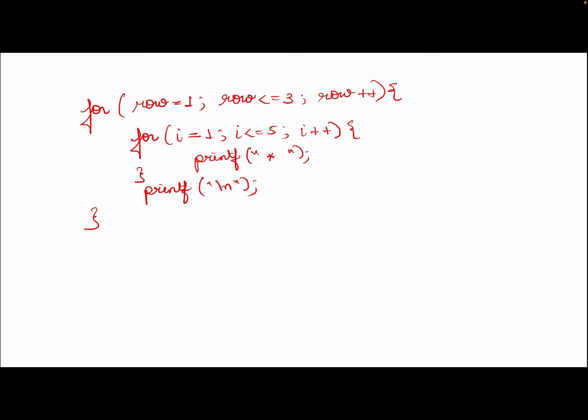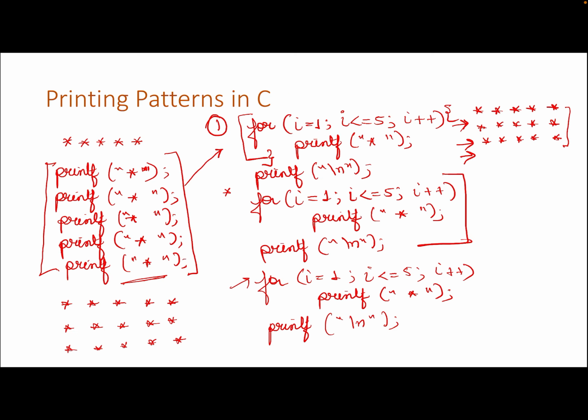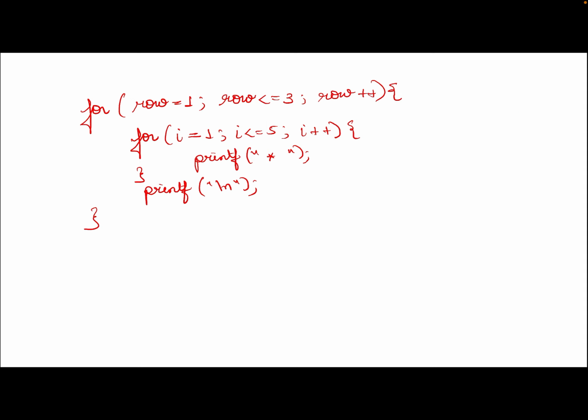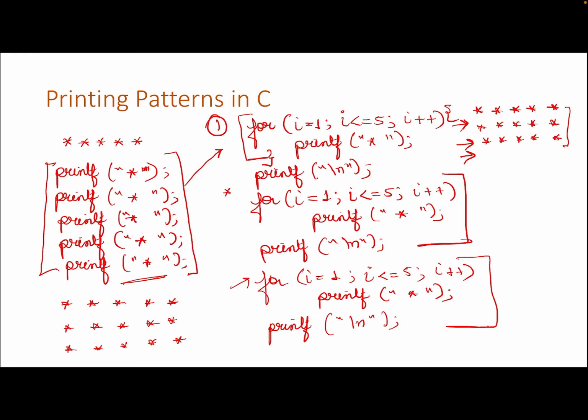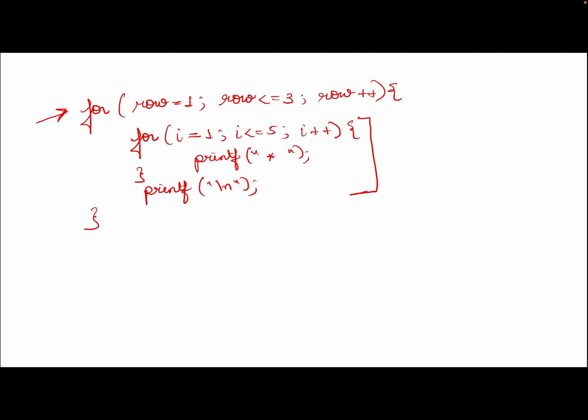And like that. Okay. So these statements which were getting repeated again and again are written inside the body of this for loop, and these statements will be executed 3 times and it will give me this pattern. Okay. So far so good.